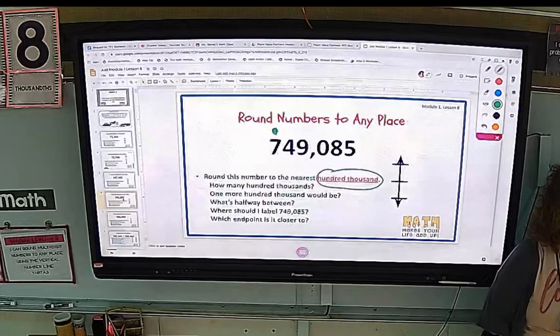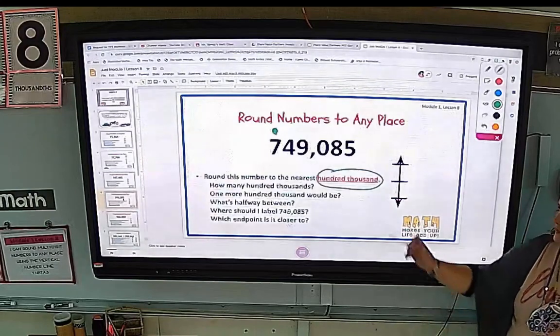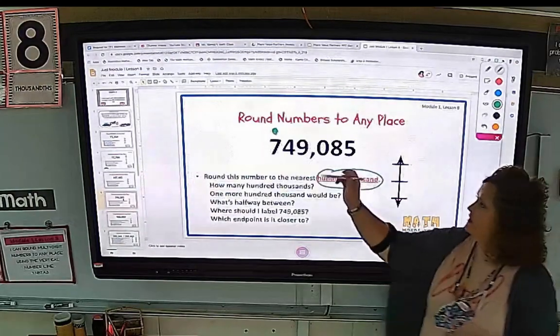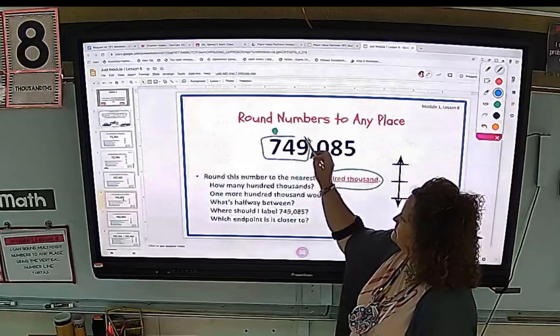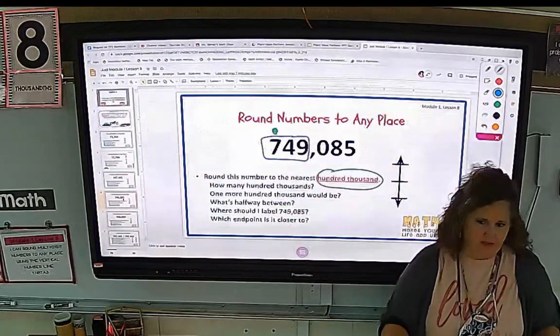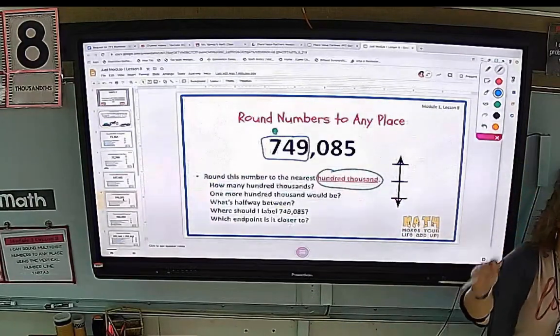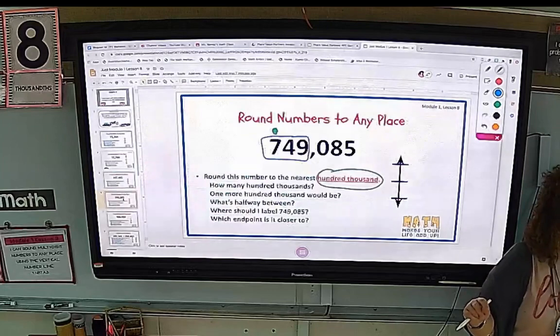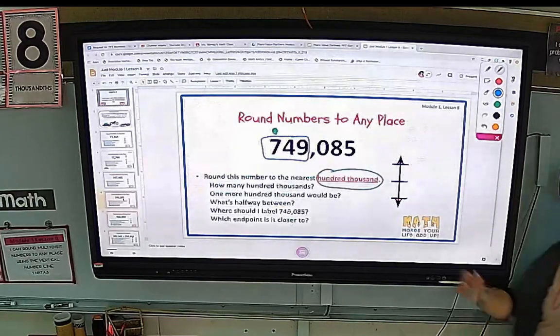How many 100,000s are there in this number? They've not just said 1,000. I can't just grab all of these. Not this time. Because I need the ones that are big enough to be 100,000s. How many are there? What's in the 100,000s place? 7. Yeah. There are 700,000s.